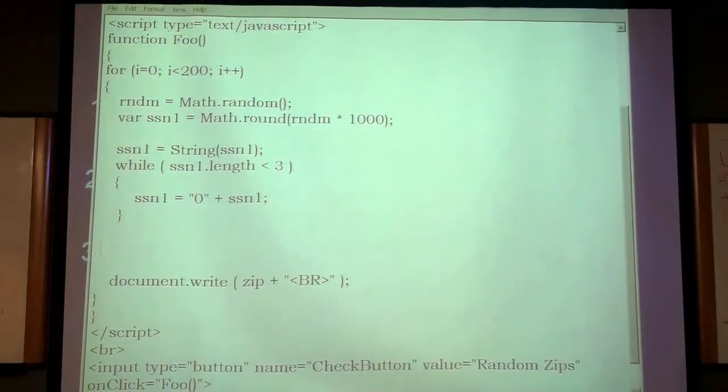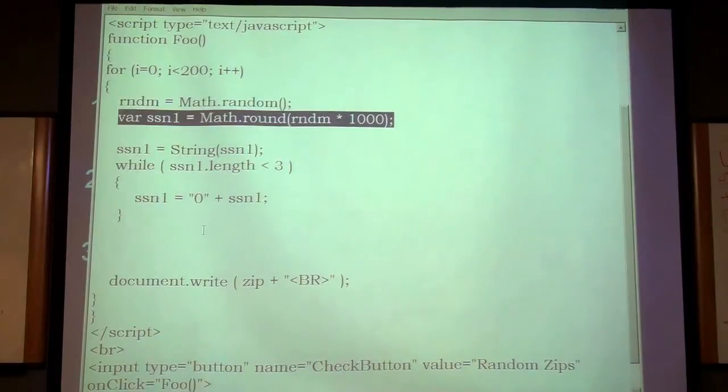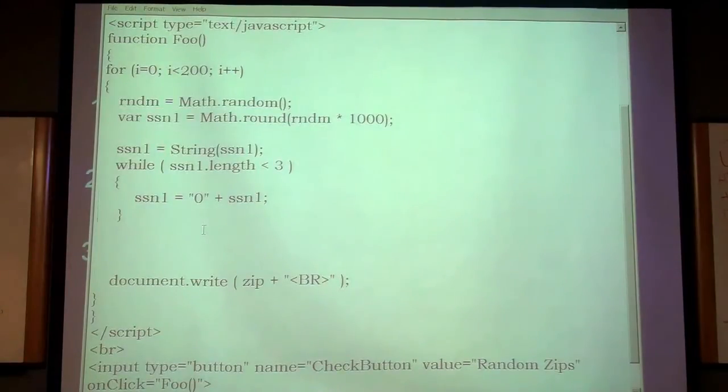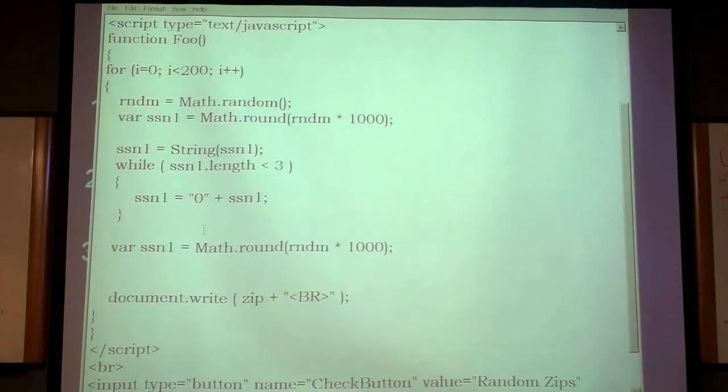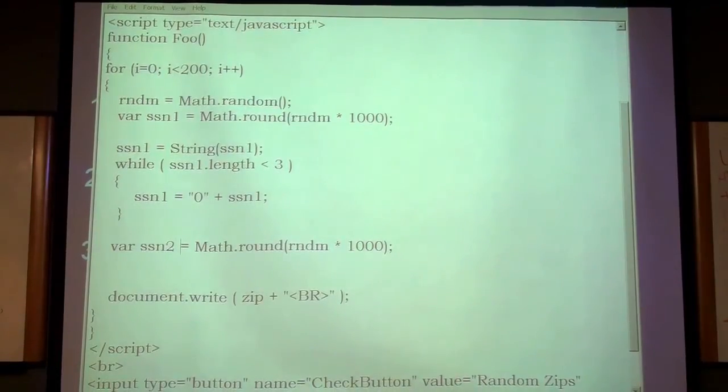So what I do here is I create another Social Security number, another random SSN. I call it SSN2. The second number should be 2 digits, right? So I multiply by 100, and again I have to round it and do essentially the same.